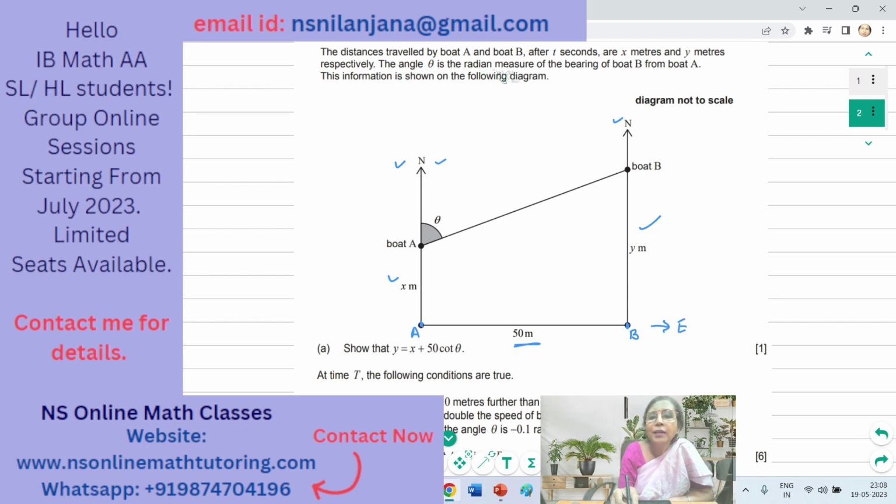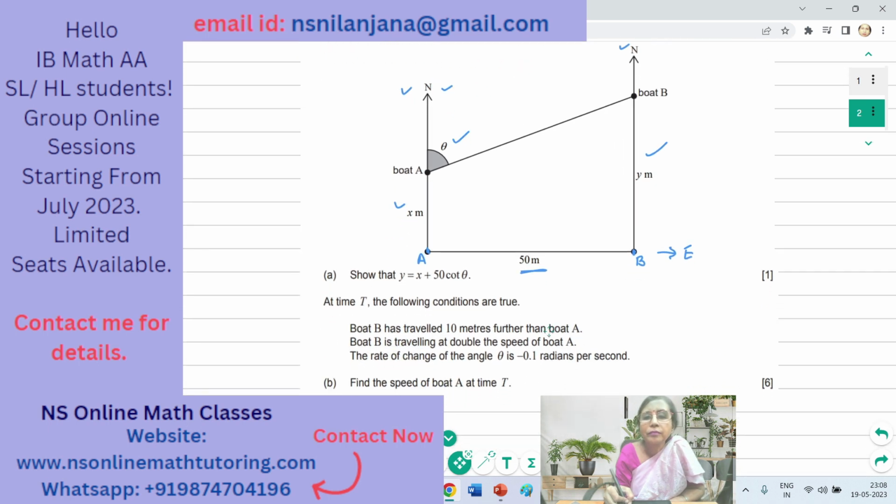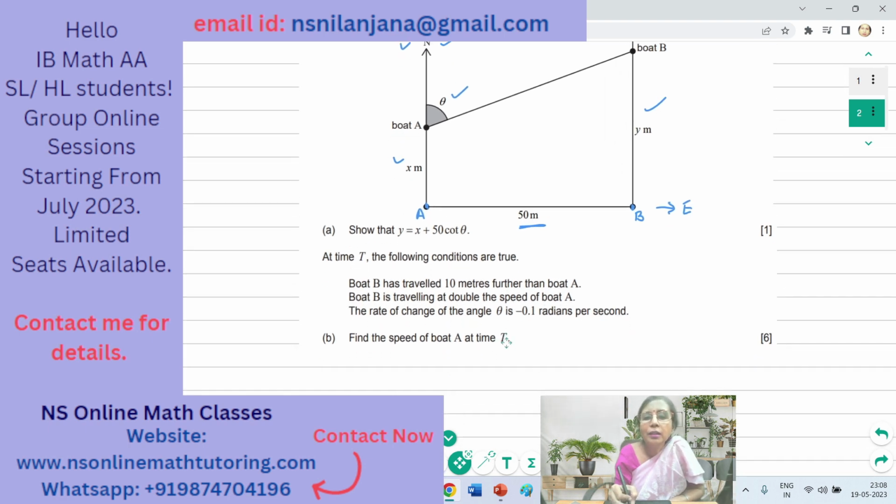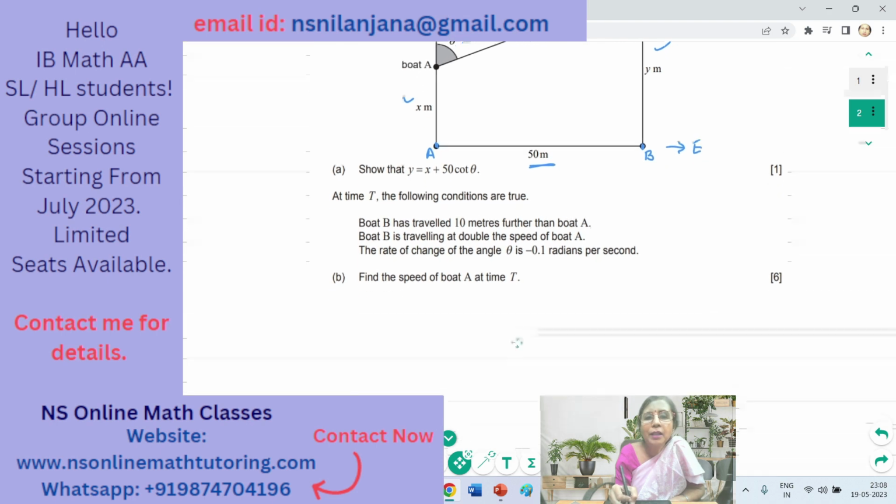The angle theta is the radian measure of the bearing of boat B from boat A. This one. This information is shown in the following diagram.